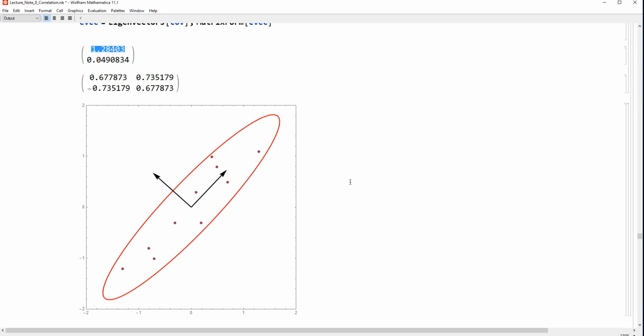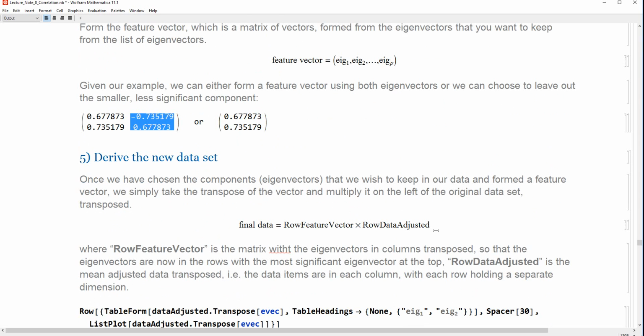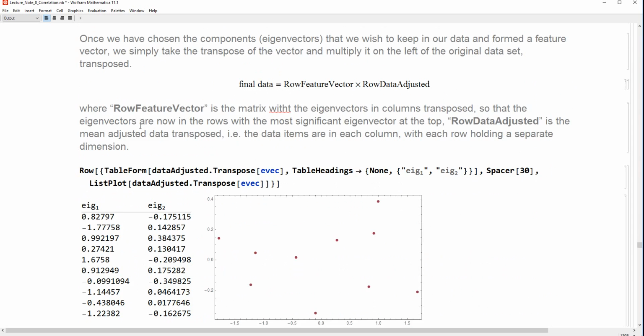That's what I'm doing here. This is the first vector, this is the second one. If I multiply my data points with this rotation matrix, every xy point is rotated into the new coordinate system, and it looks like this.